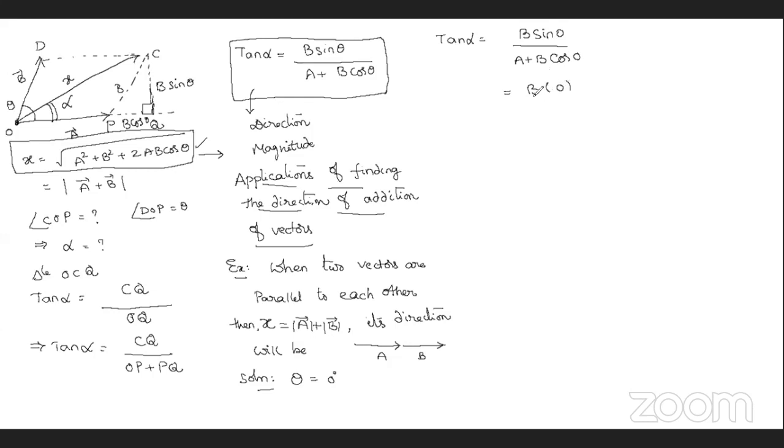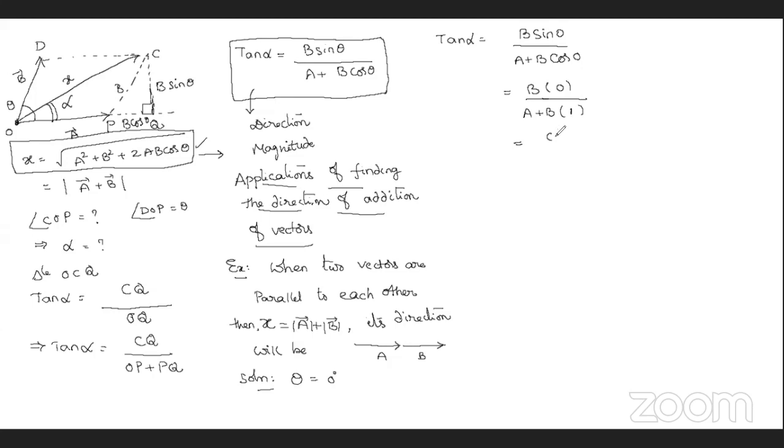Don't get confused if I confuse you all. Sometimes in the middle I try to confuse you. So b into 0 by a plus b into cos 0, and cos 0 is 1. This time you are correct. B into 0 is how much, Nana? 0.